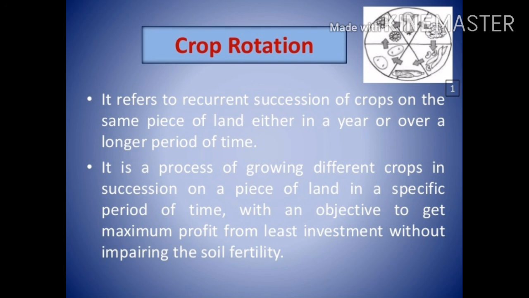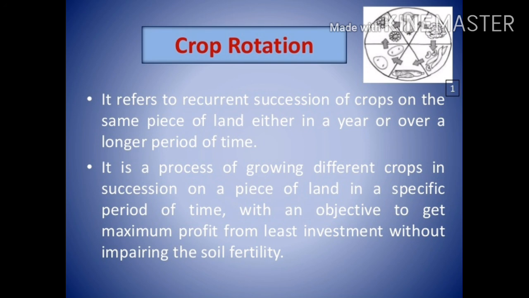And if we grow leguminous and non-leguminous crops in the same field, it replenishes the soil naturally and leads to an increase in crop production, because leguminous crops increase nitrogen in the soil, so it reduces the need of fertilizers.